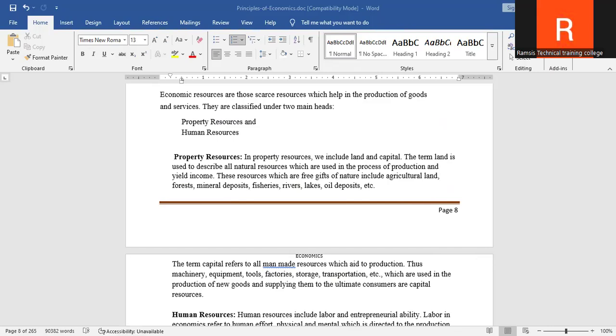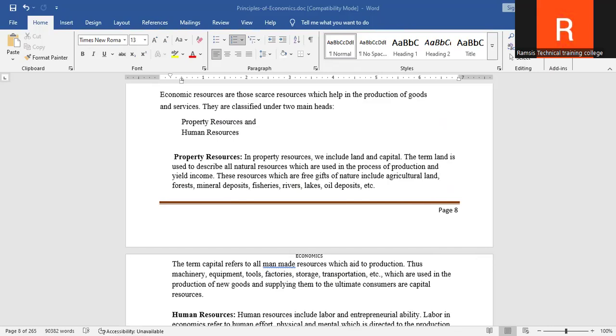So you can say that natural resources refer to anything given by God or nature, such as fertile soil, rivers, lakes or mountains. But artificial man-made resources refer to anything created by man to assist in further production, such as tools, equipment, roads and buildings.